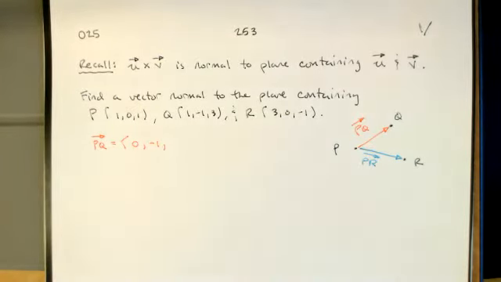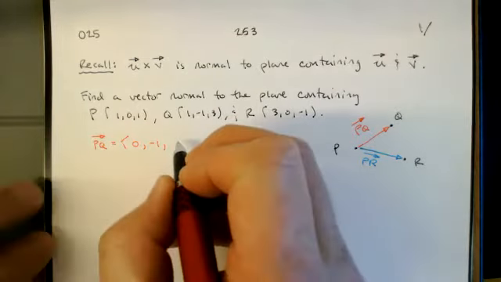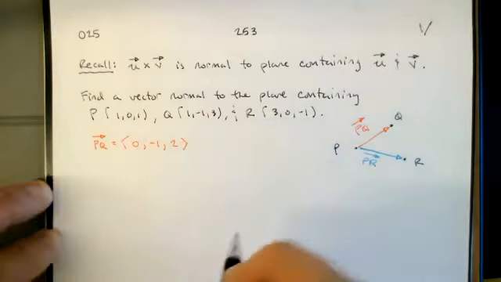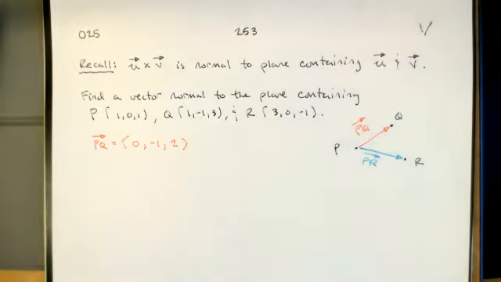And then if Z starts at 1 and ends at 3, we can say that the displacement in the Z direction is 2. 3 minus 1 is 2. So just subtract to find the components of the vector PQ.